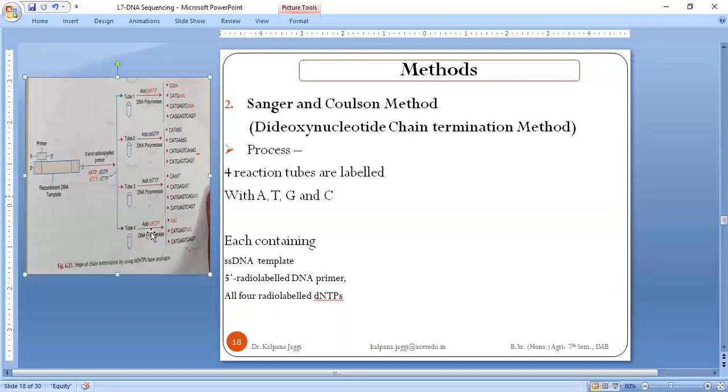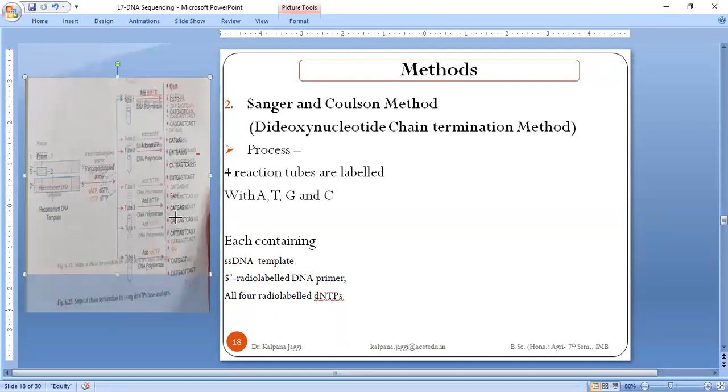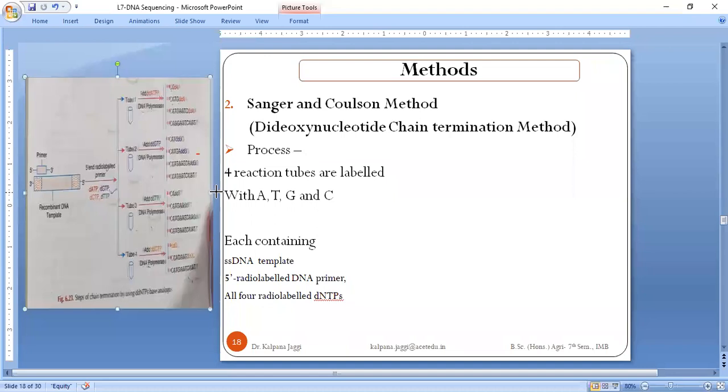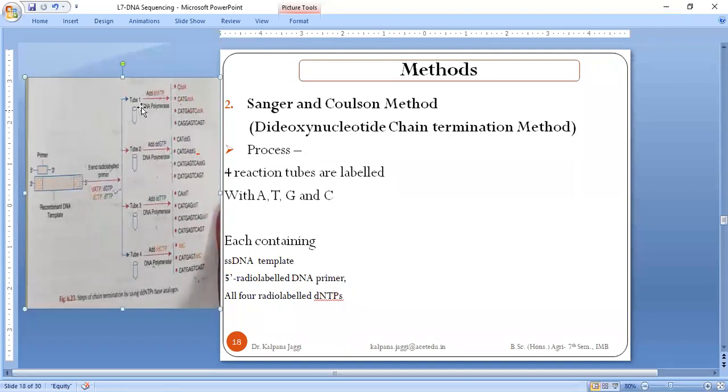We are having four test tubes with us. This is test tube 1. Then we have test tubes 2, 3, and 4.